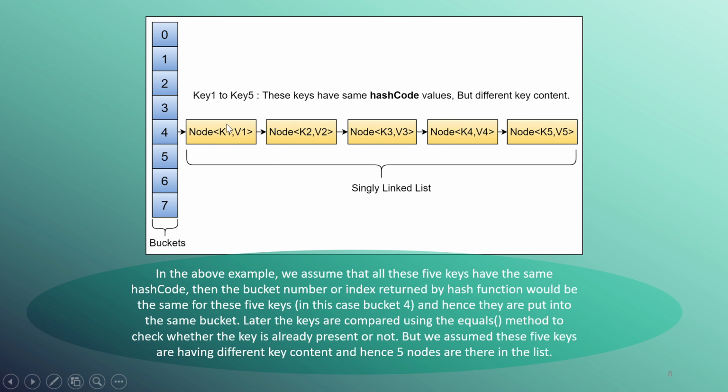It will see, okay, this is K1 and now I am trying to insert K2. K2 and K1 are not equal using the equals method. That means it will create a new node over here, and the previous node K1 will point to the new node on this fourth bucket.